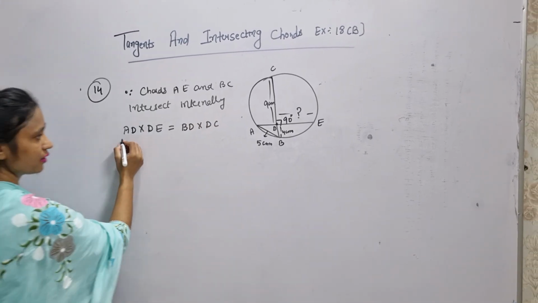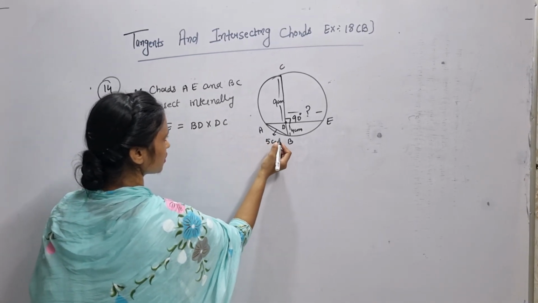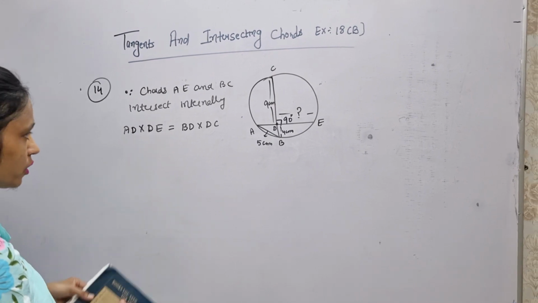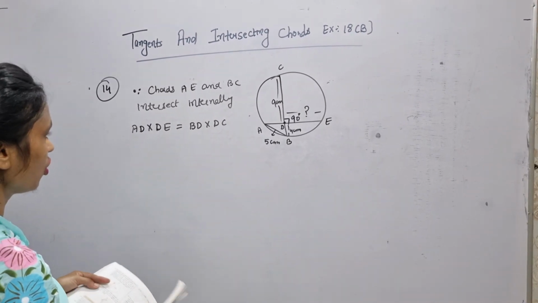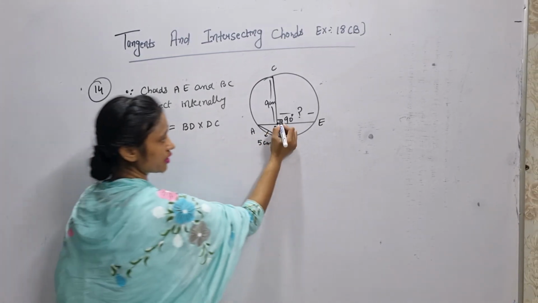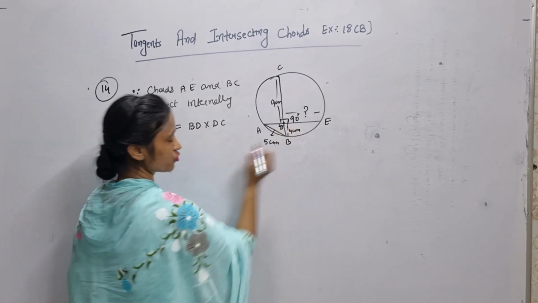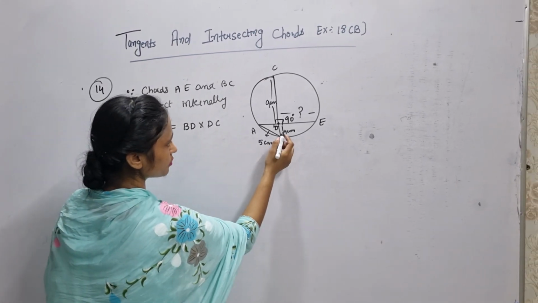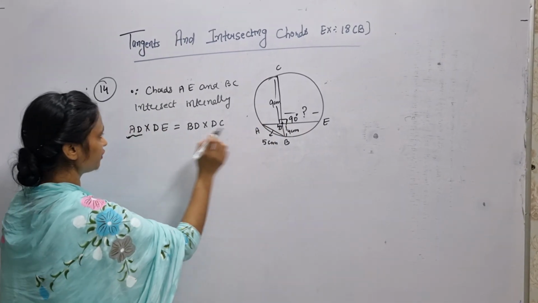Okay, AD length, what is given? AB is given. First we'll have to find AD, because this is 90 degrees. DE we need to calculate, leave it.